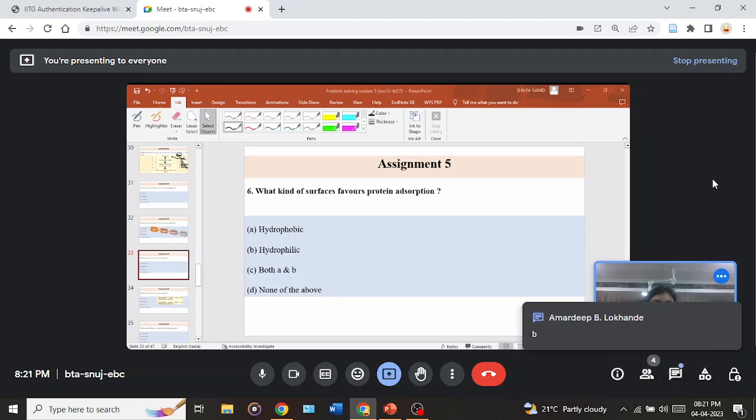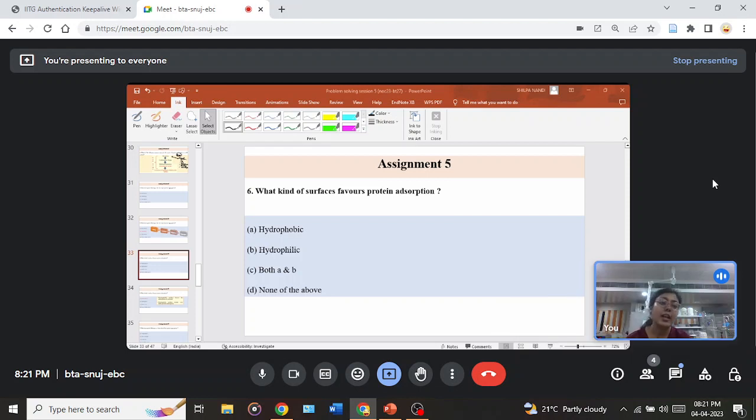Okay, hydrophilic surfaces. So you mean to say that any kind of water repelling surface favors protein adsorption, right? Can you try to think a bit more? How can a water repelling surface favor protein adsorption?